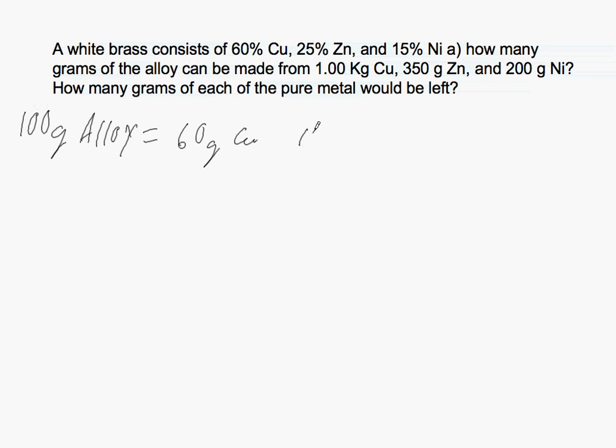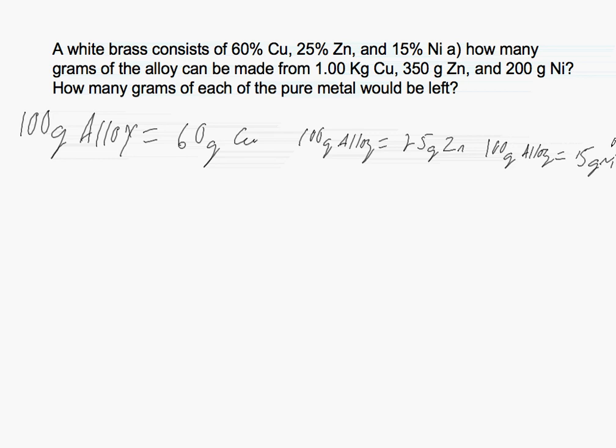We know that 100 grams of the alloy is going to be equal to 25 grams of zinc. And we also know that 100 grams of the alloy is going to be equal to 15 grams of the nickel.